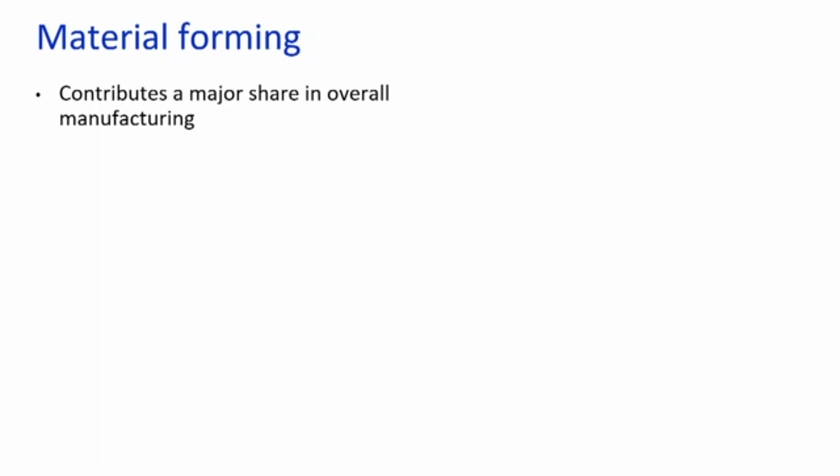Material forming contributes a major share in overall manufacturing processes. Casting is prominent, and forming is also equally prominent. Then machining comes into the picture, which can be considered the secondary manufacturing process during part development.